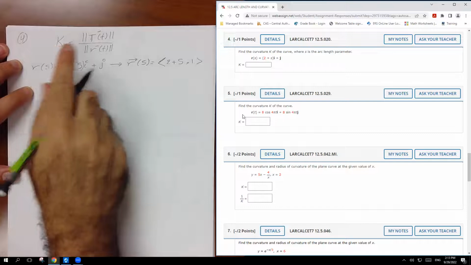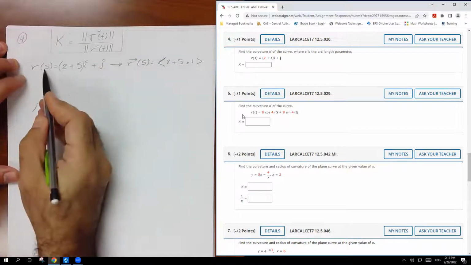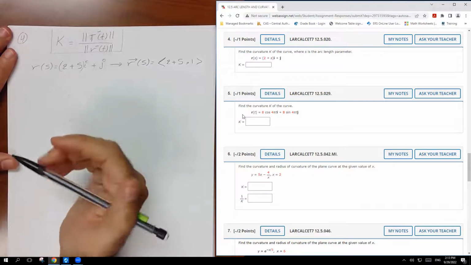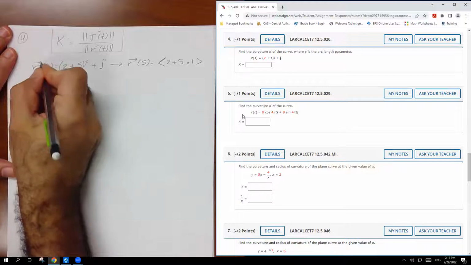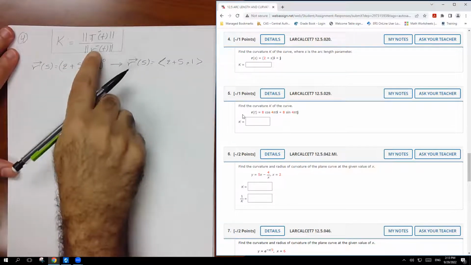So now, I wrote down this rule with respect to t, but now we have r with respect to s. So to find the curvature, we're going to use s as a vector.